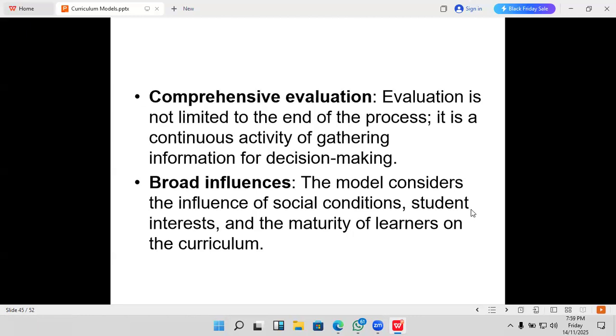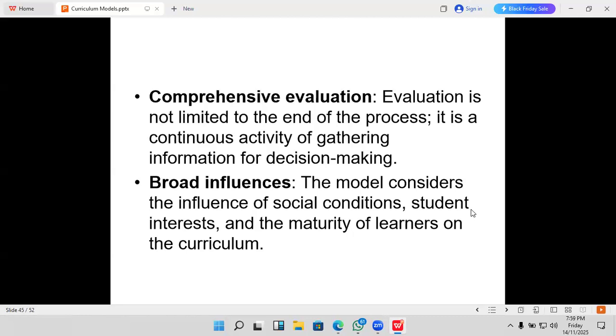It is even implemented in Sri Lanka. This continuous assessment we call school-based assessment, SBA, or class-based assessment. I think the new education reforms emphasize class-based assessment.